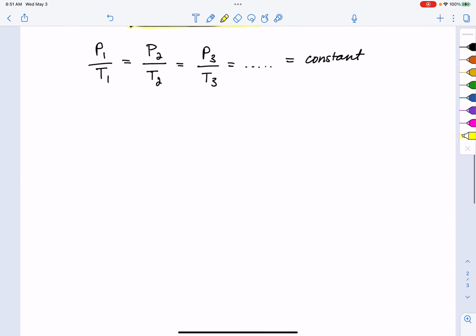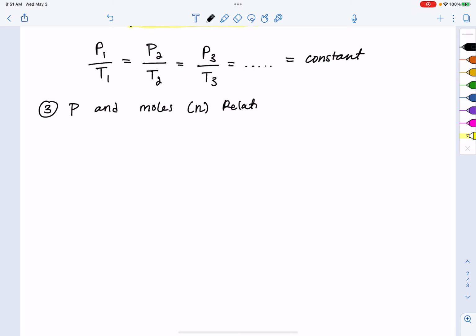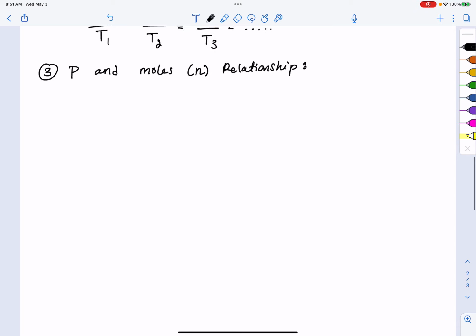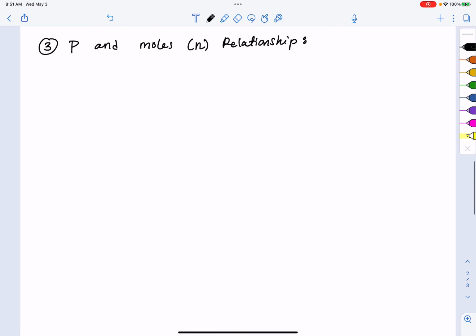There is one more property that I think we could come up with that will affect our pressure or our number of collisions. So let's look at pressure and moles N relationship. All right. So let's think about what would happen if I've got a gas in some container. Now it's a circle, ooh.